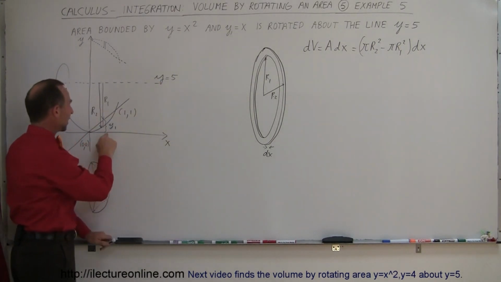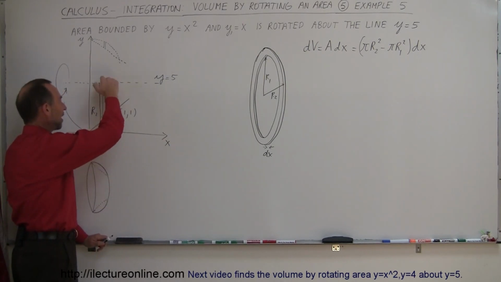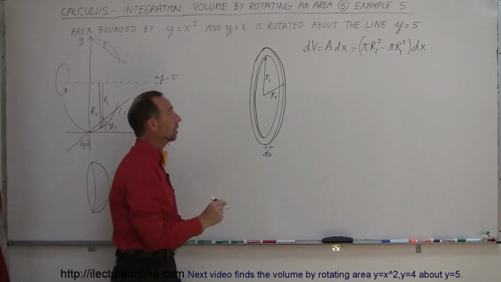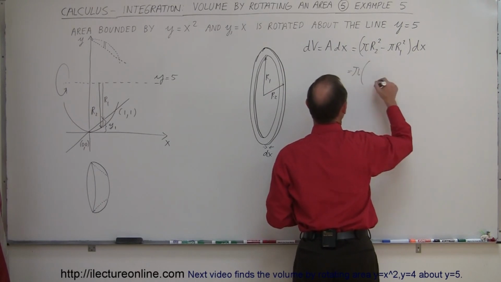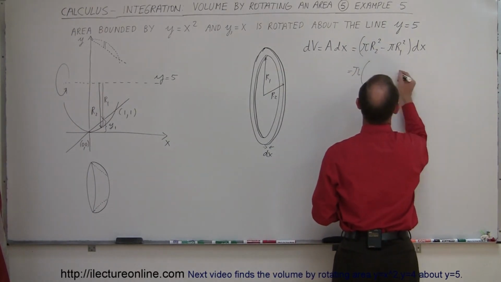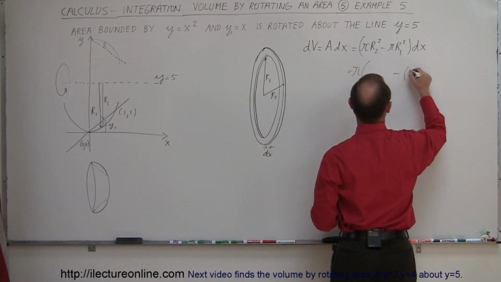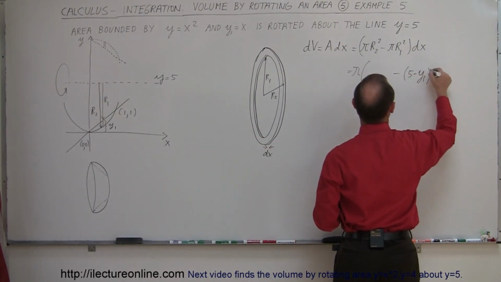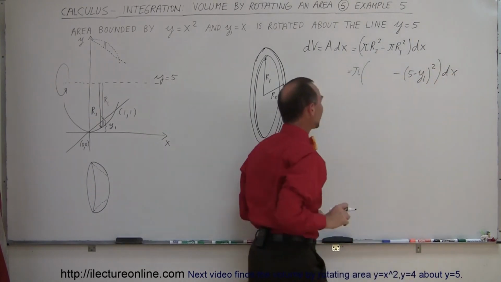So this distance from the x-axis to the straight line is y1. The distance from the x-axis to there is 5. So I take 5 minus y1. That gives me the remainder, which is R1. So therefore, I can factor out a pi, and I'm left with something minus, instead of R1, we're going to write 5 minus y1, squared, times dx. So now replace R1 by 5 minus y1.